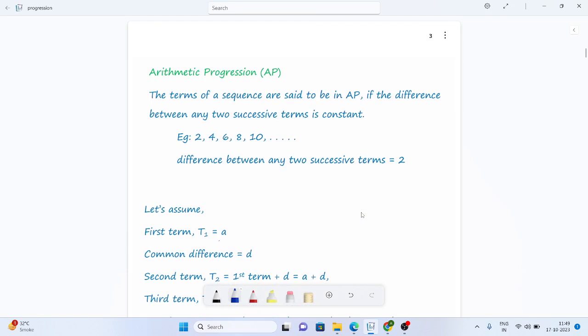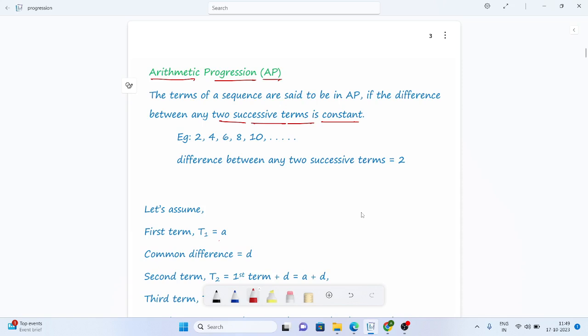Now first I come to the arithmetic progression. So what is arithmetic progression? The terms of a sequence are said to be in AP if the difference between any two successive terms is constant. Means if you take the difference between any two successive terms and get a constant difference, then it is definitely AP.